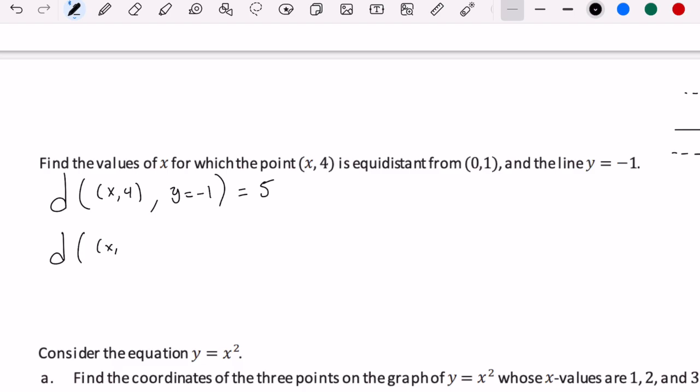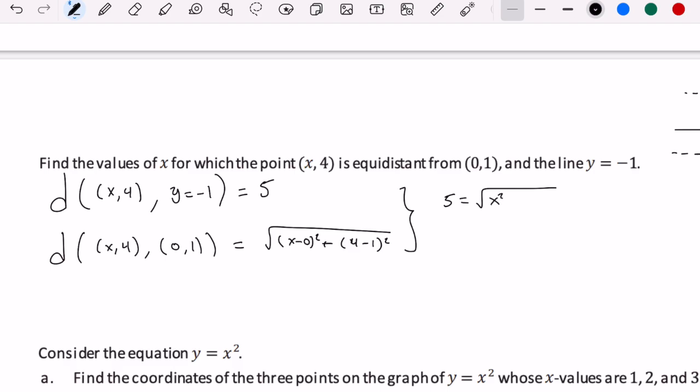Now, what is the distance from the point (x, 4) to the point (0, 1)? Well, that is the square root of (x minus 0) squared plus (4 minus 1) squared. I'm going to set these two things equal to each other.